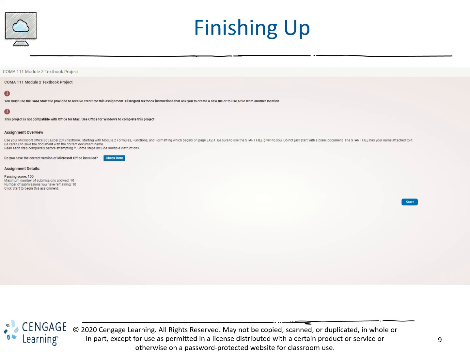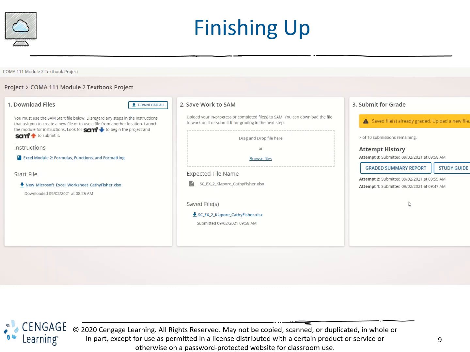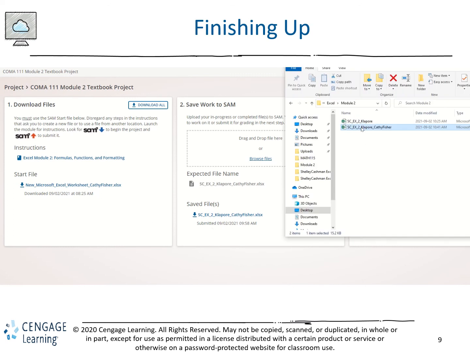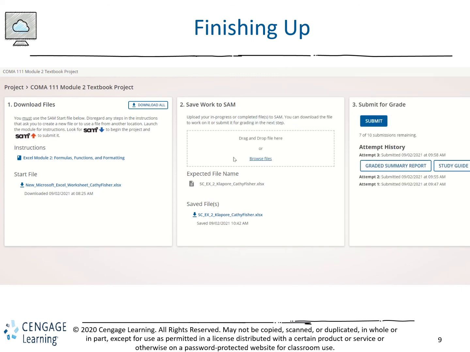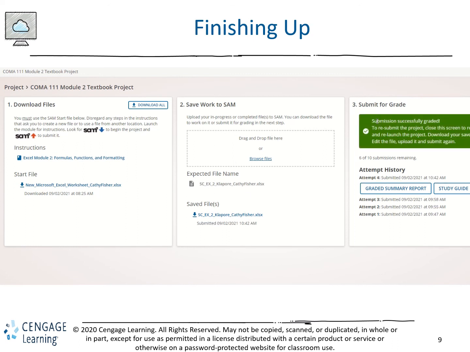It will come in. I will start. It's expecting this file right here. So I will find it and drag and drop it. So it's in there. I will submit for grading.